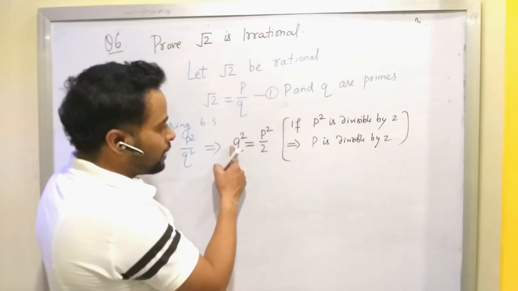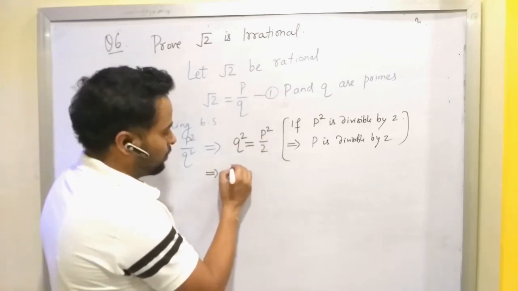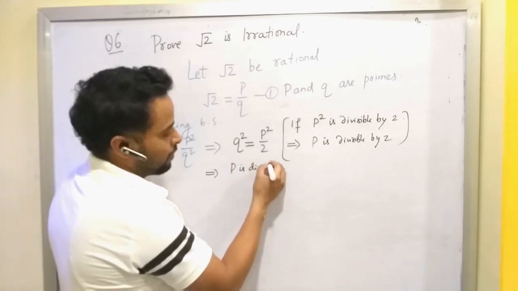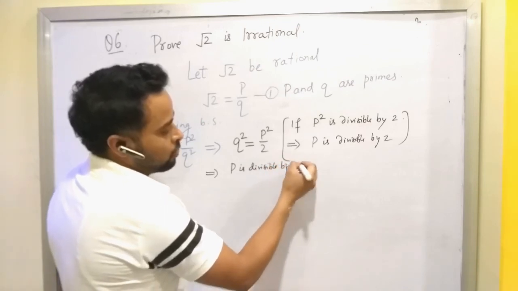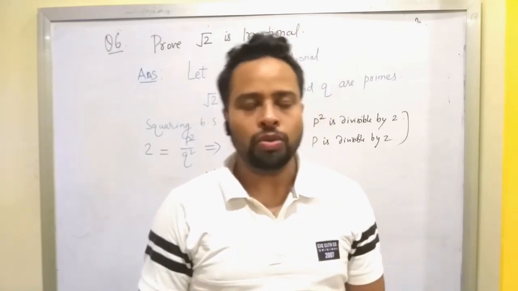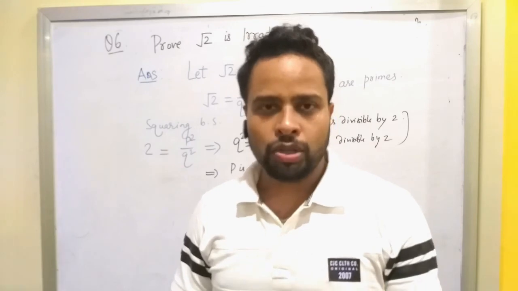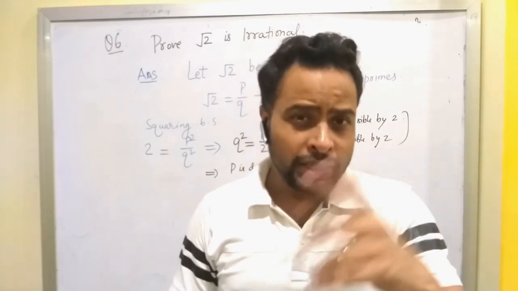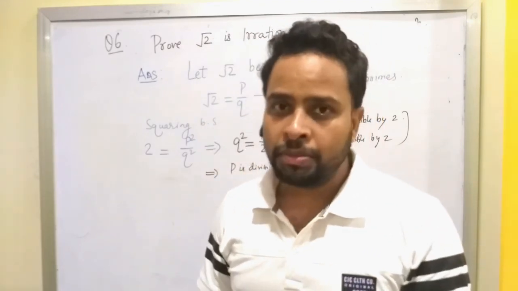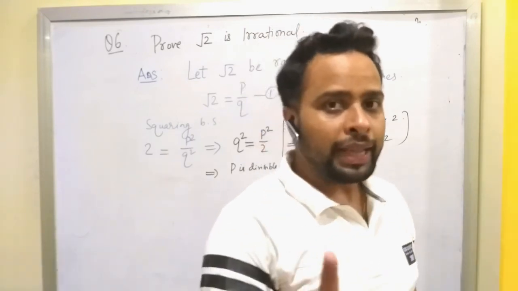If the square of a number is divisible by 2, then the number is also divisible by 2. So as a result, because p square is divisible by 2, p is divisible by 2. Say p is a number divisible by 2, then p can be 10, because 2 into 5 is 10. P can be 16. P will be an even number, and if I multiply some number with 2, I get that p.